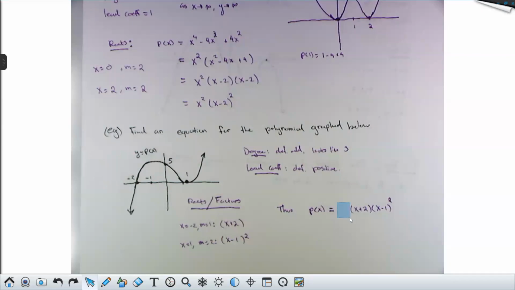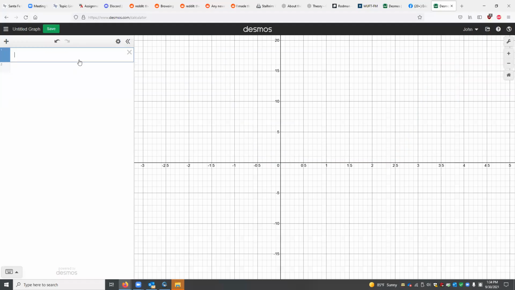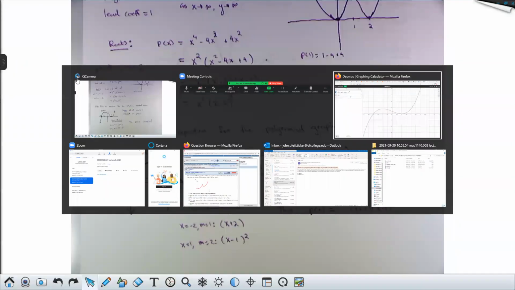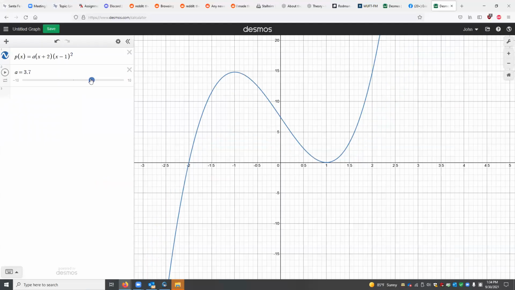I've left space here for the lead coefficient. Let me show you something cool in Desmos. I have a slider for A. This actually looks a lot like our guy, right? But so does this.